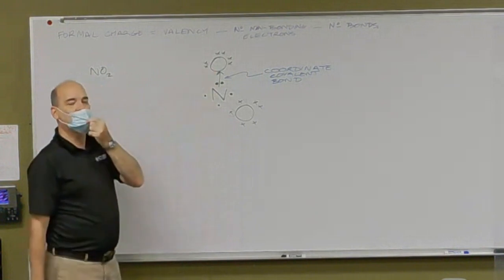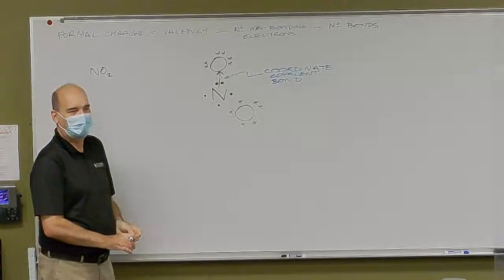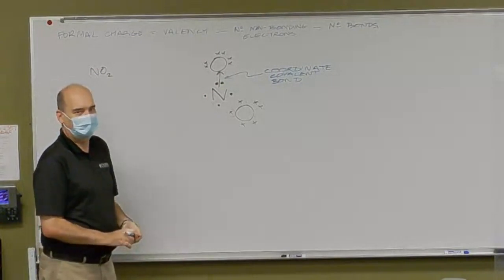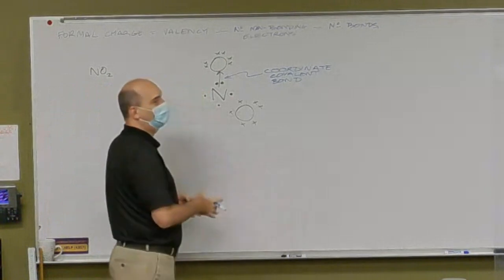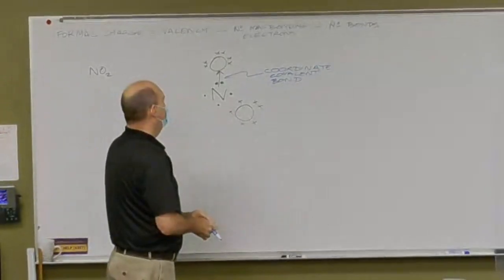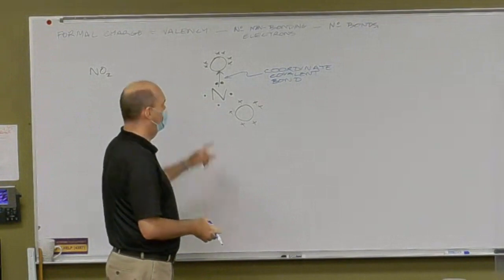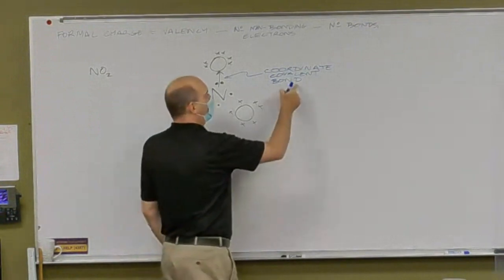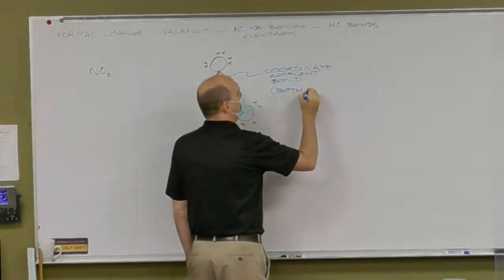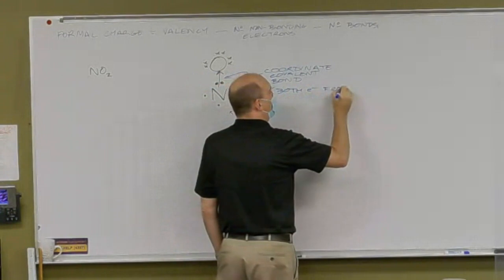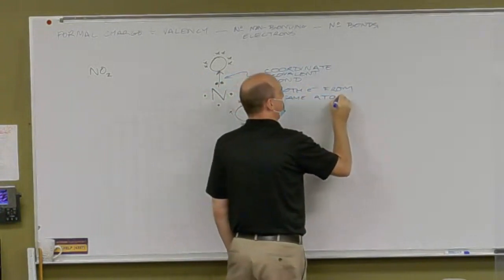They are responsible for bonding, and yet the books won't change the name. So most people call them lone pairs of electrons, which is the old-fashioned name, waiting for somebody to fix the new name being non-bonding pairs of electrons. Well, it's bonding. In a coordinate covalent bond, what happens is both electrons come from the same atom.